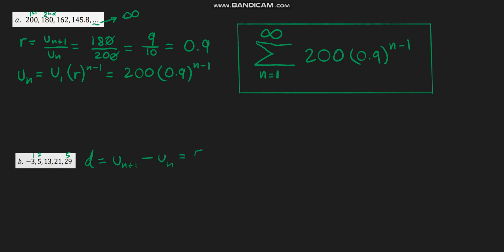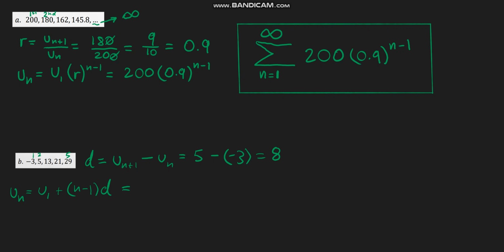So we're going to take 5 minus -3, which becomes 5 plus 3. We get 8. So we know our common difference is 8. And the formula we use for the arithmetic sequence is u of n is equal to u1 plus n minus 1 times the common difference, d.